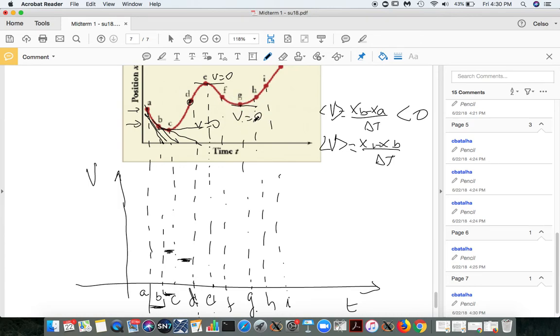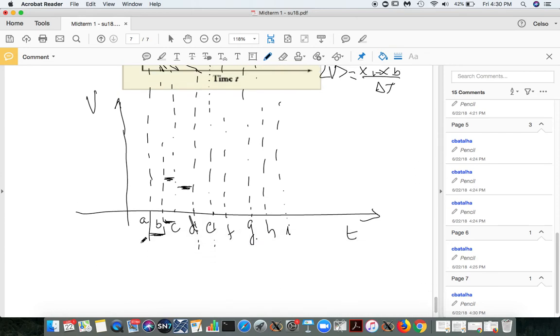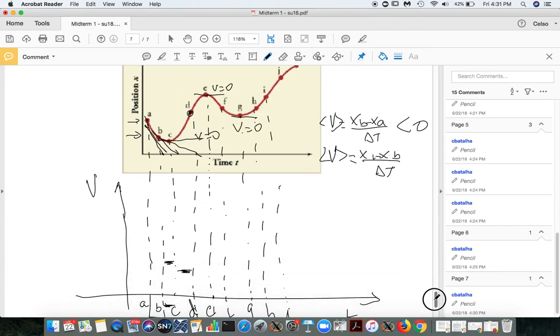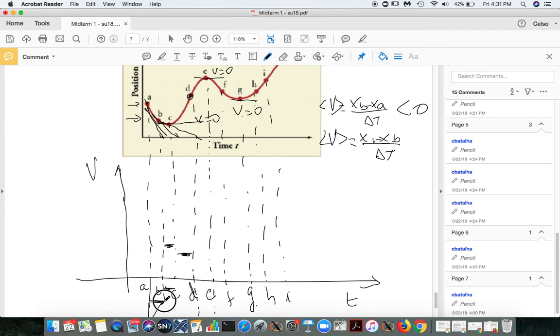So basically, the slope keeps diminishing from point A to point C, which indicates that although negative, the speed is diminishing. It keeps diminishing all the way until eventually at point C it becomes zero.